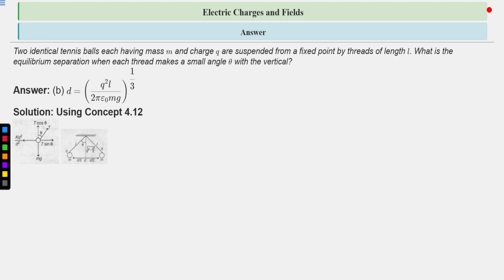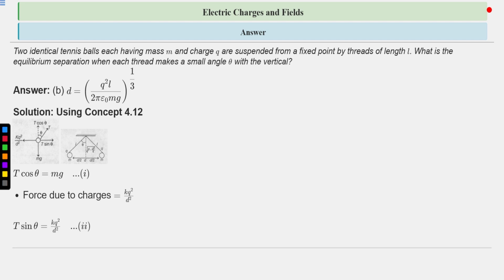This is mg, the weight of this tennis ball, and this is kq square upon d square, the force experienced by this tennis ball due to the other one. Now we will equate these forces. We get T cos theta equal to mg, and T sin theta equal to kq square upon d square, the electrostatic force between these two balls. Mark the first equation as 1 and the second as 2.